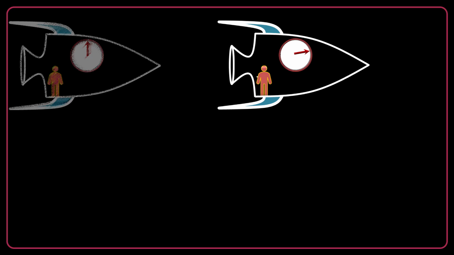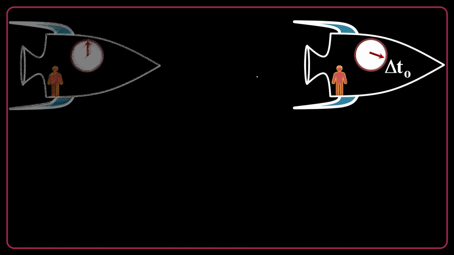Look at this spaceship again. The spaceship travels for a few seconds or a few minutes or whatever you want. The duration of this trip, as measured by the clock in the spaceship, is going to be delta t naught. We believe that this duration is the proper time. Let's say the event is the trip, the embarkation and arrival.